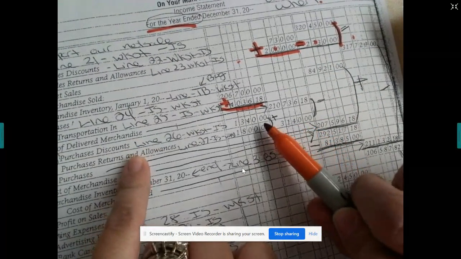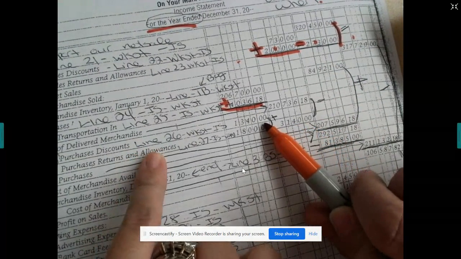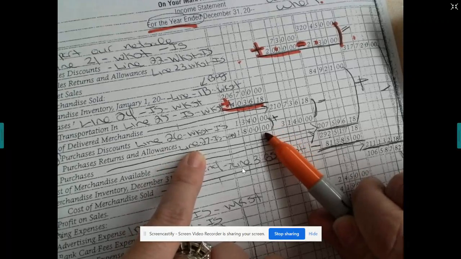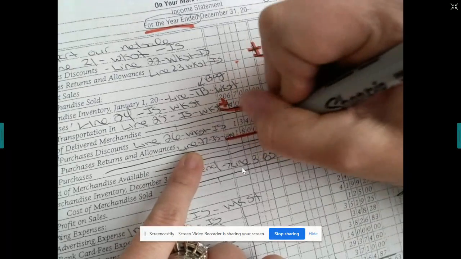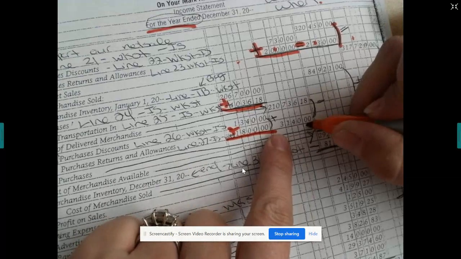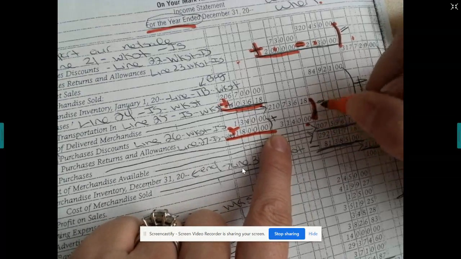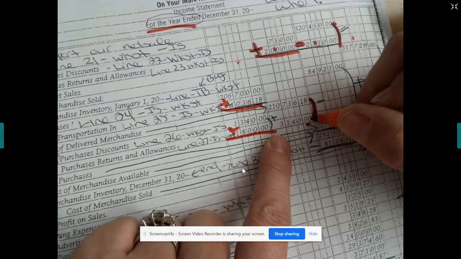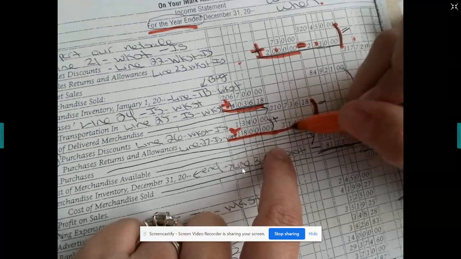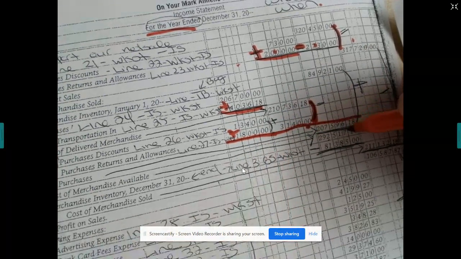So we take our discounts, which is coming from line 26 on the worksheet, and 27 for the returns. We'll add those together, and that will get us our number here. Then we'll take our cost of merchandise and subtract the discounts we got that aren't really a cost of the merchandise, and the things we don't have anymore that we returned. And that will get us our net purchases.